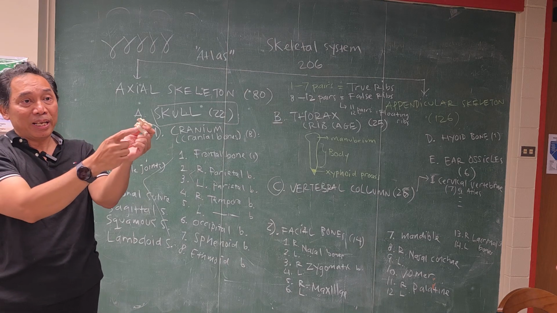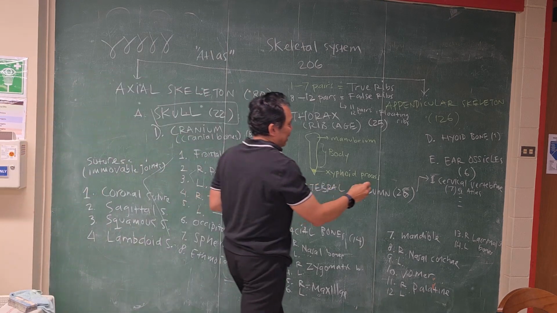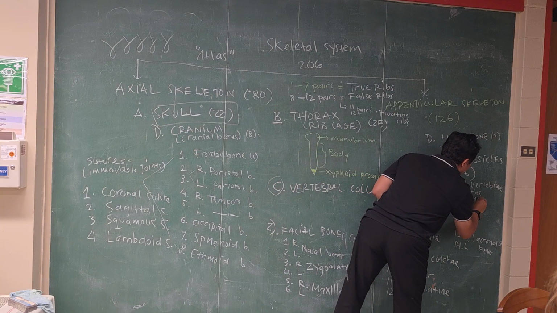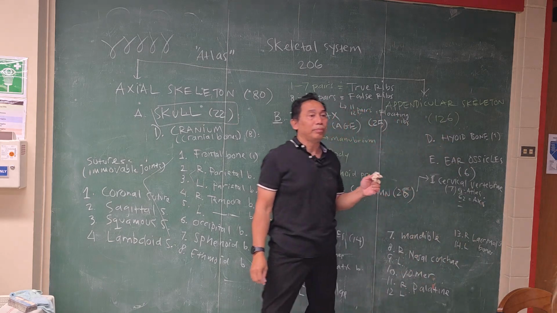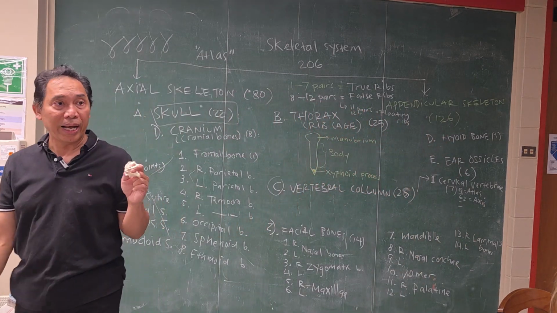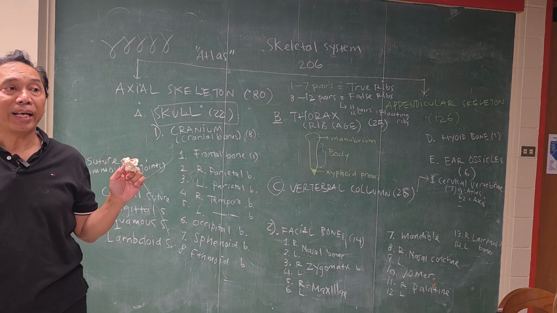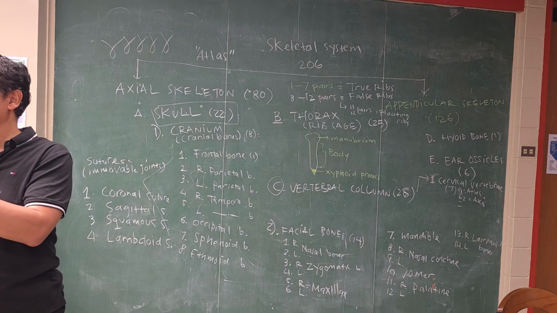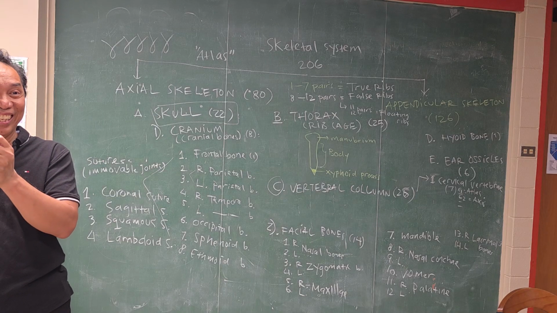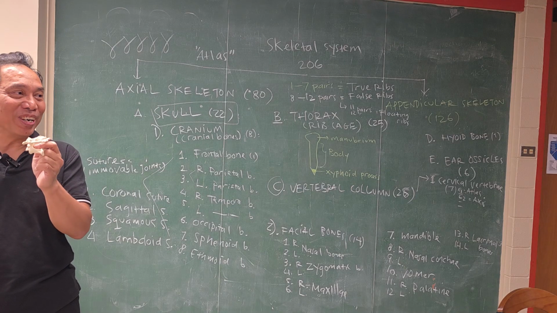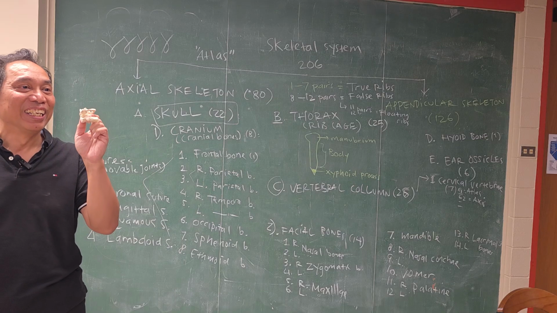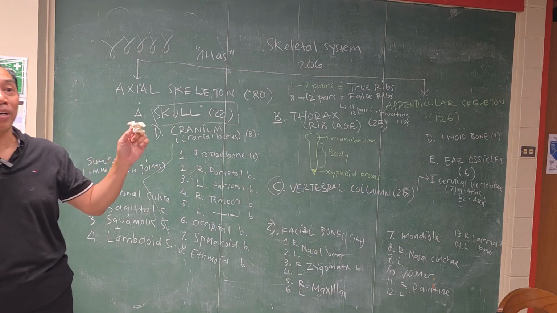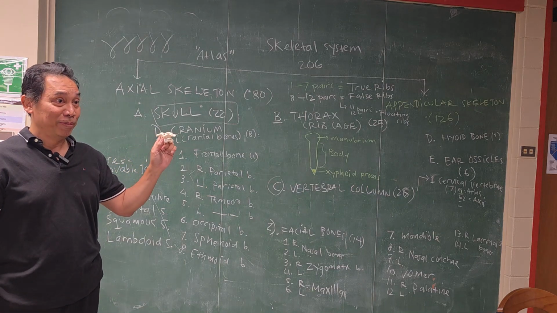Now the second vertebra is called axis. So C2 over here is called axis. Okay, cervical 1, atlas. Cervical 2, axis. Now cervical 3 is cervical 3. Cervical 4 until 7, cervical 7. Just named based on the location. Get it? All right, so 7.